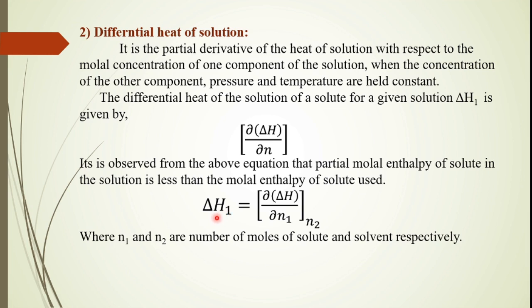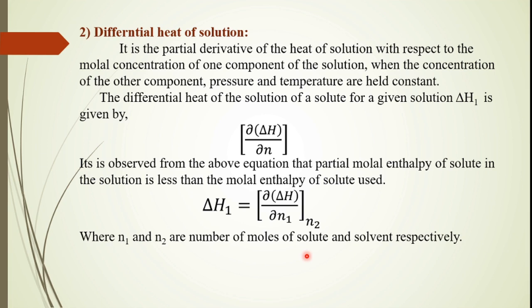So here we will see delta H1, that means for component 1. So ∂ of heat of solution with respect to ∂N1, where N2 is kept constant, that means the other component concentration is kept constant, where N1 and N2 are the number of moles of solute and solvent respectively.